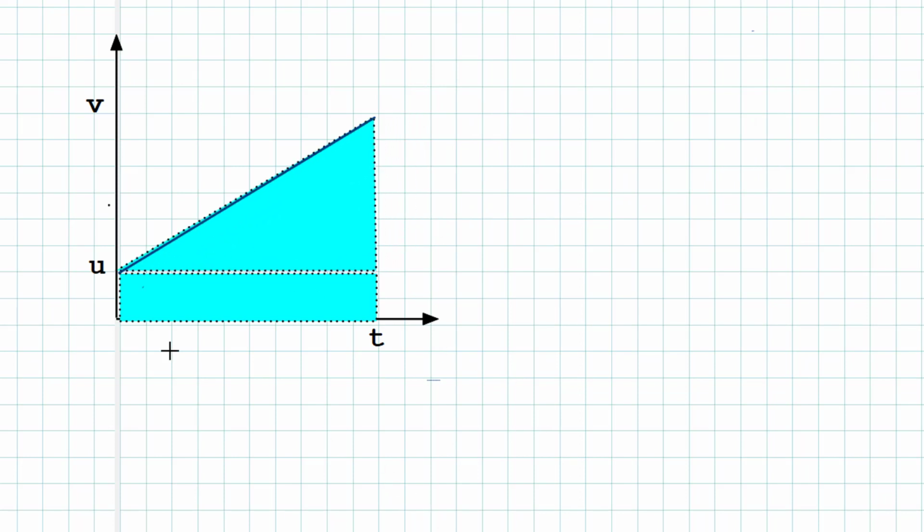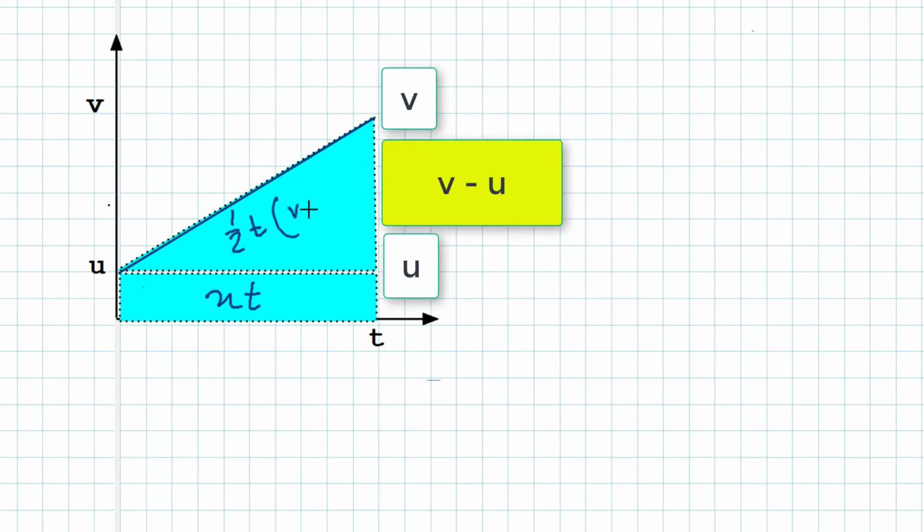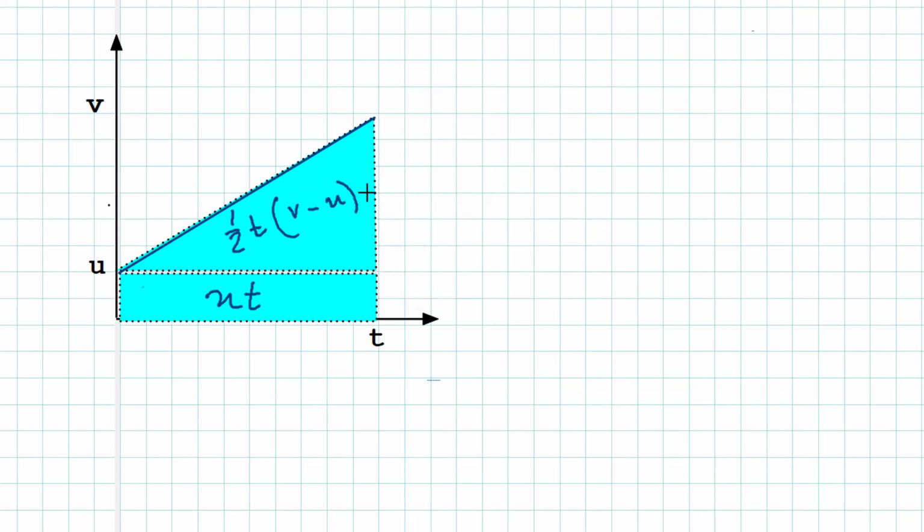The area for the rectangular part is just tu, so it's ut, and the area for the triangle is 1/2 the base, which is t, times the height of the triangle, and the height of the triangle is going to be v take away u. So there we have the two areas.